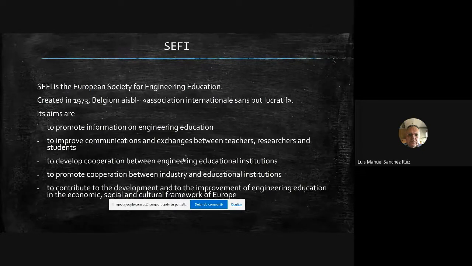The aims of the association are to promote information to the general public on engineering education, to improve communication and exchange between teachers, researchers, and students, and to develop cooperation between engineering educational institutions. This is done many times because sometimes when there is a call in Europe and there are possibilities to apply and get cooperation, we set up a meeting to see what institutions are interested.